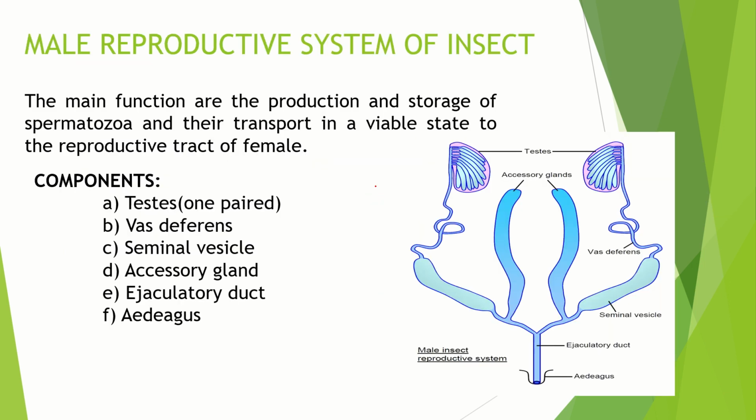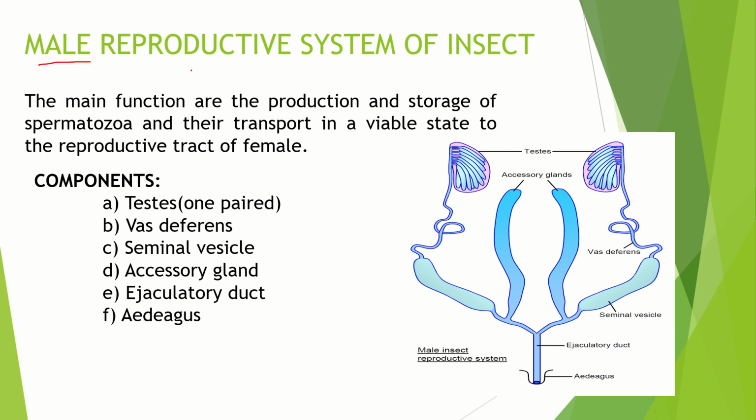Next is the male reproductive system. So, what is the male reproductive system? In the male reproductive system, the external reproductive organs of the male are concerned in coupling with the female genitalia and with intromission of the sperm.